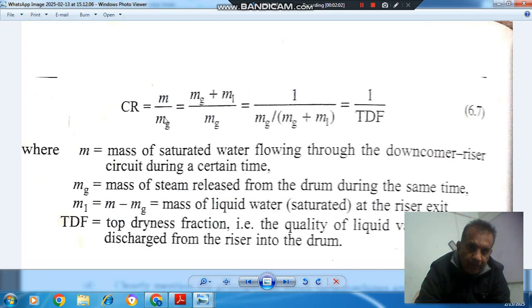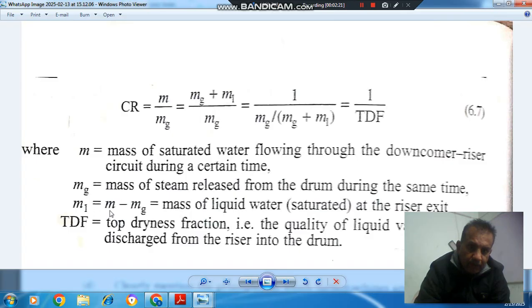Therefore, circulation ratio is m by mg, where m is the mass of saturated water flowing through a downcomer riser circuit during a certain time, and mg is the mass of steam released from the drum during the same time. And m can be written as mg plus ml.